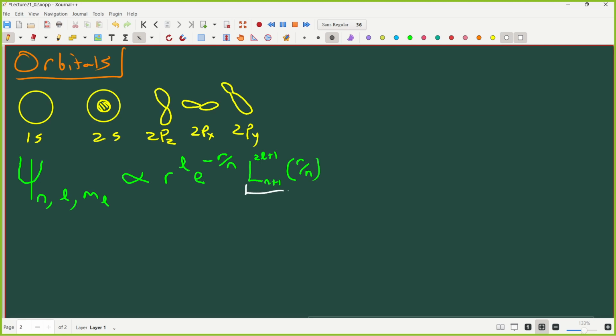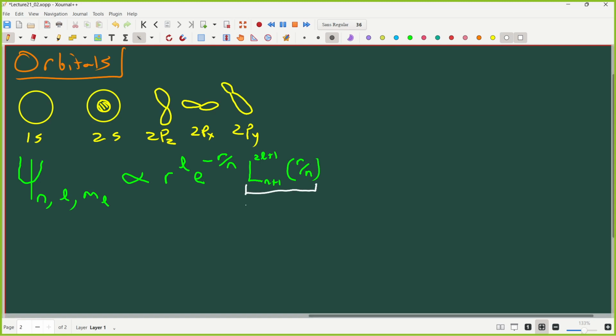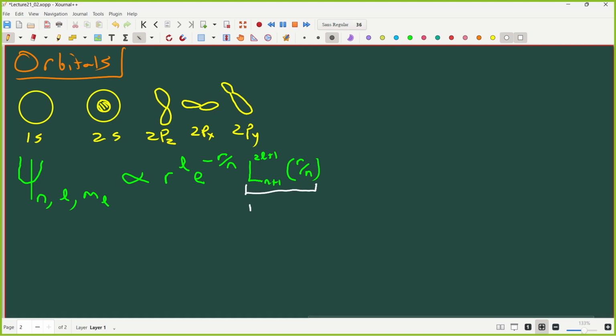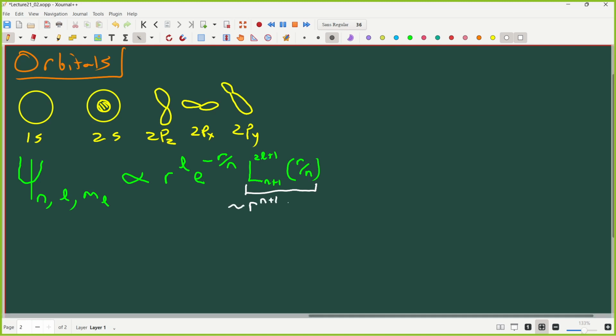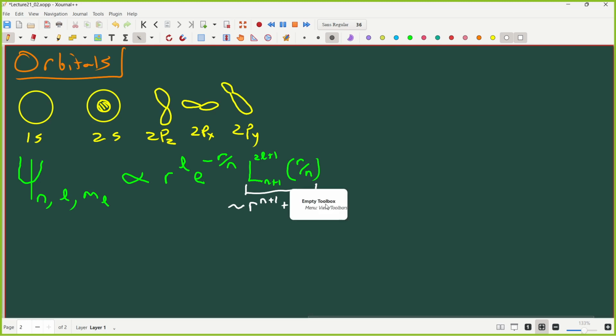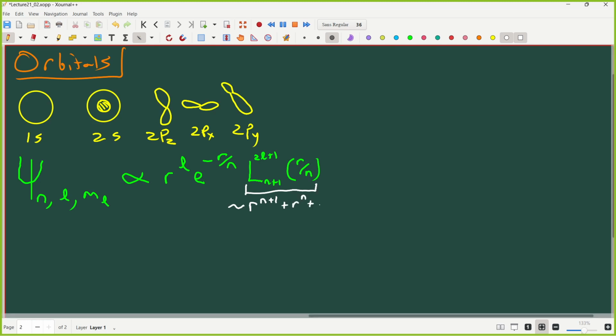And this right here is just a polynomial. It looks like r to the n plus 1, plus r to the n, plus dot dot dot as we go down. It's just a function of r.